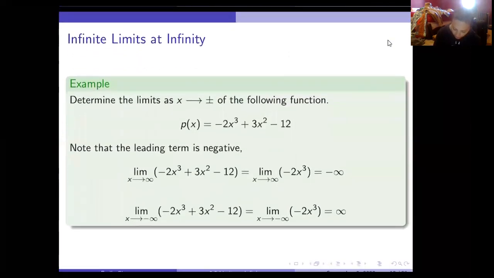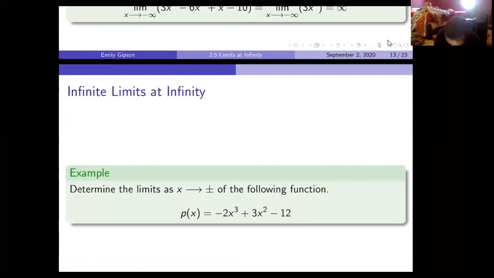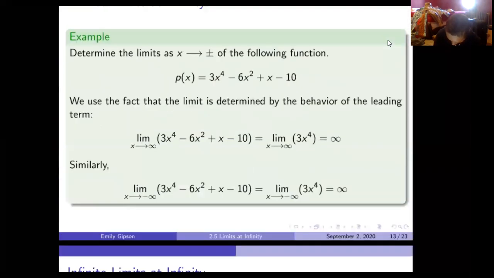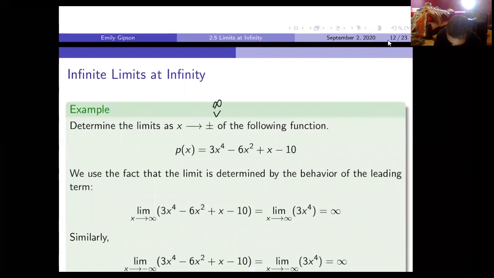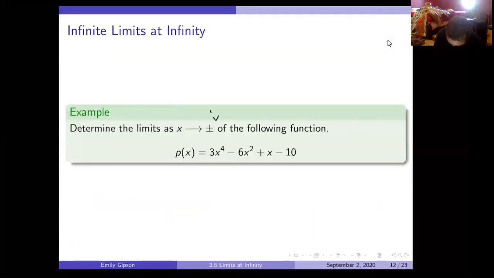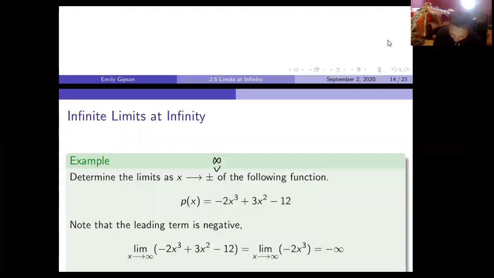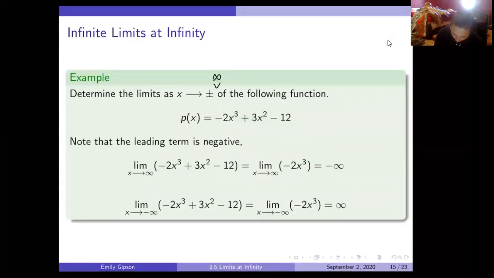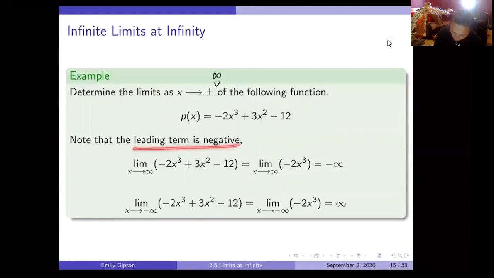So we want to determine the limits as x approaches positive and negative infinity. I'm going to rewrite that in all my slides. And we just want to note really quick that the leading term is negative. So just like before, though we've got a polynomial, we really only care about this leading term.